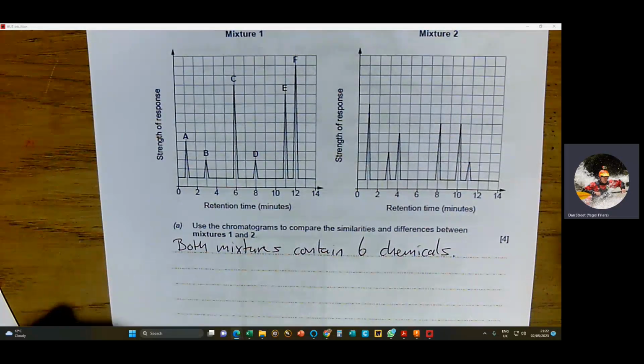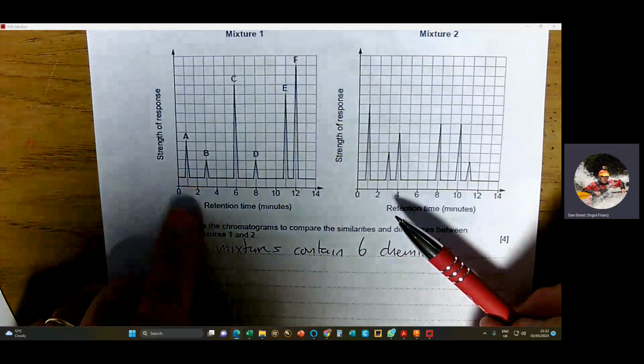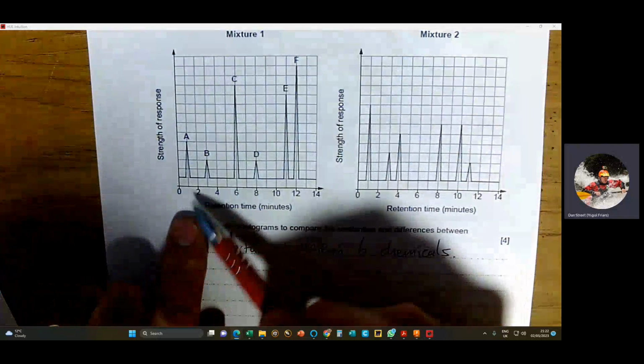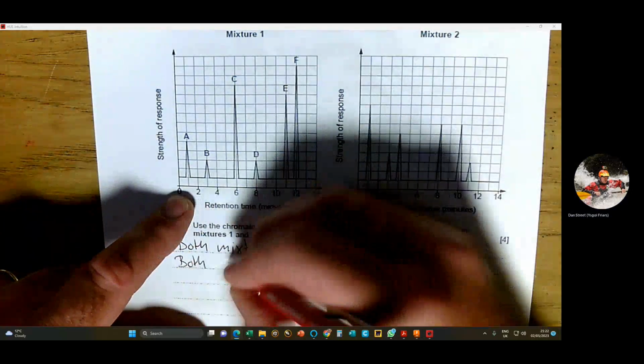We could also say, if we have a look at the retention time for each peak, that gives us the identity of the chemical. There's a peak at 1 minute here, and there's a peak at 1 minute there.